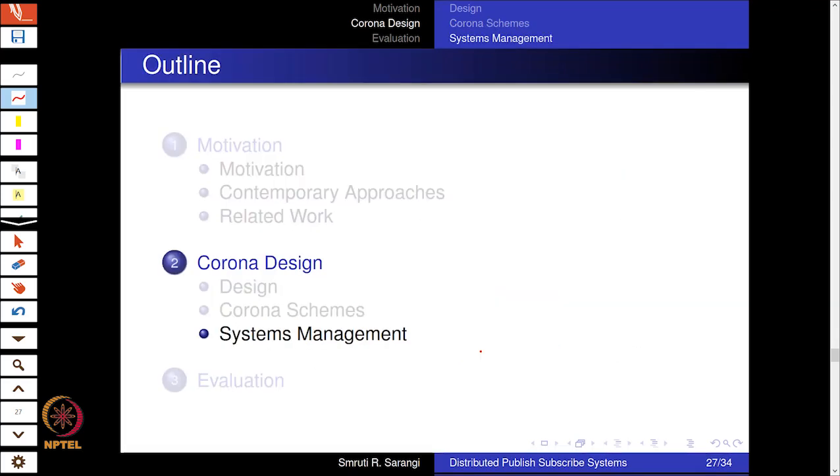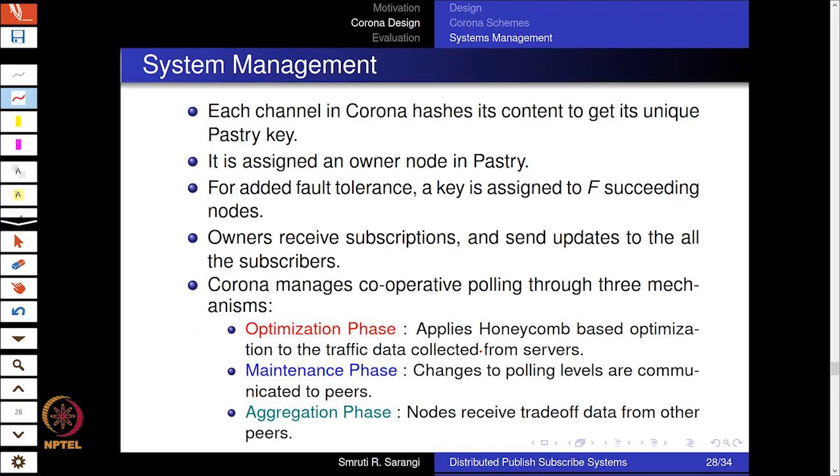Now, some of the systems management issues. So let's just go over the entire process of running the Corona system. So each channel in Corona hashes its contents to get its unique pastry key. This we have seen. It is assigned an owner node the same way that pastry assigns it.